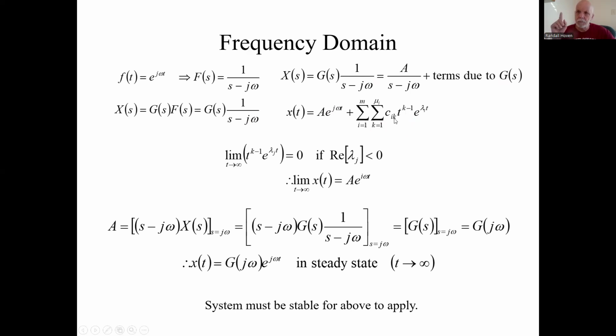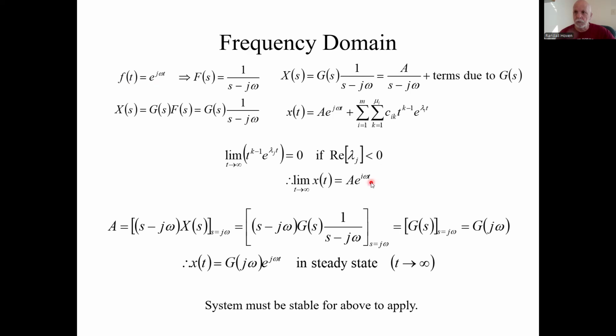But if the system is stable, as time goes to infinity, all these guys go to zero. And all that takes is for all these lambdas, all these poles of the system, for their real parts to be strictly negative. So in steady state, the output of a stable system where the input is a phasor is this guy.